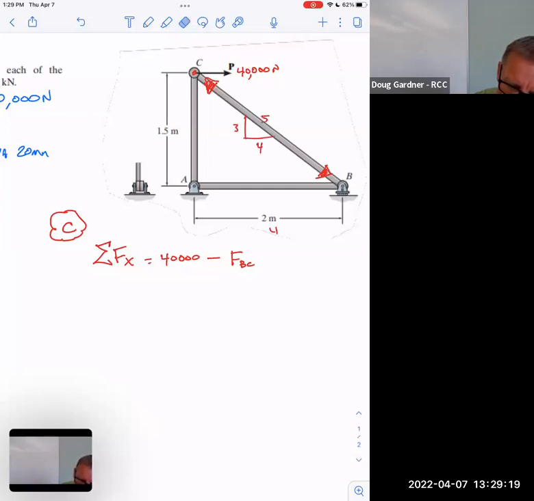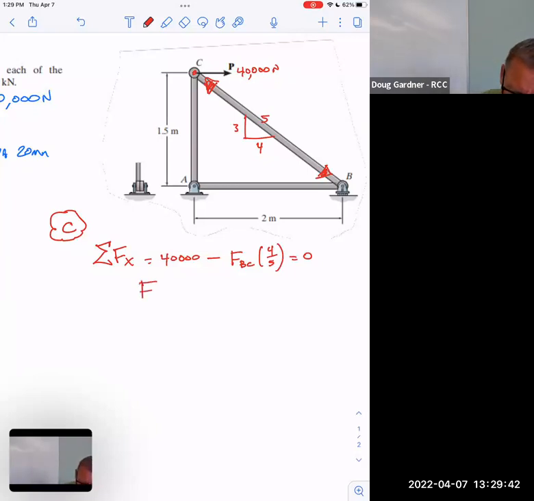Those two dimensions are only there to tell me what angle that bar is at, because they didn't give me any degrees. So what fraction of that force BC is horizontal then? 4/5 of it. And that's the only thing that's going to stabilize that in that direction.